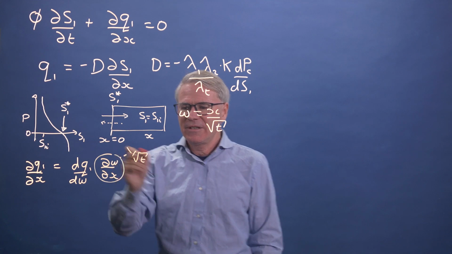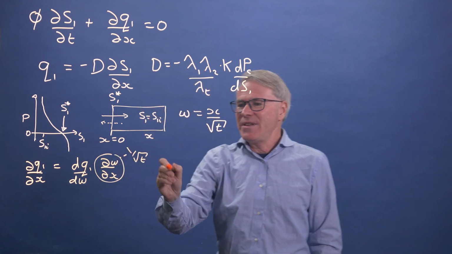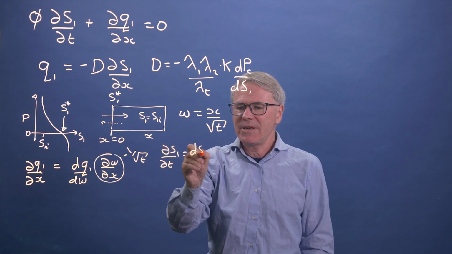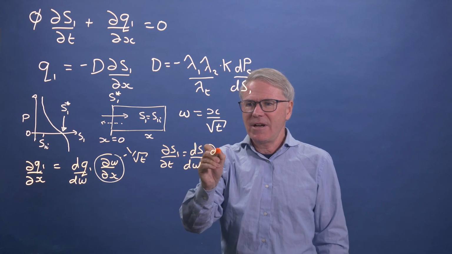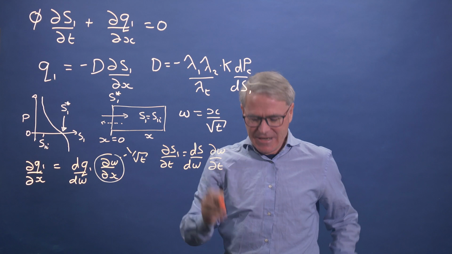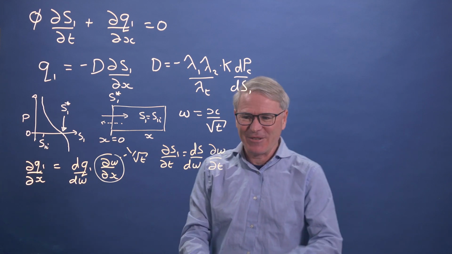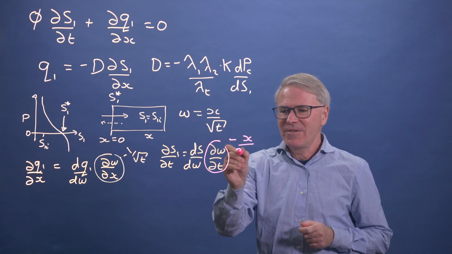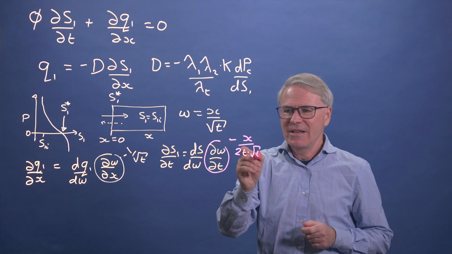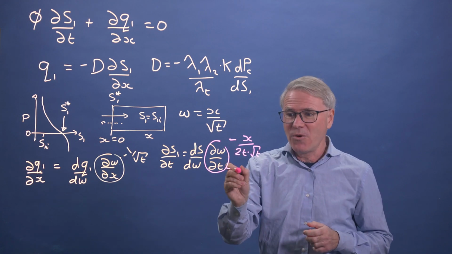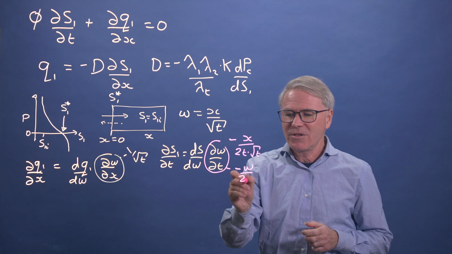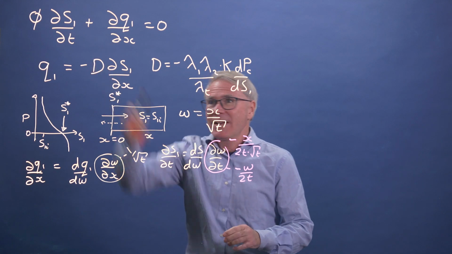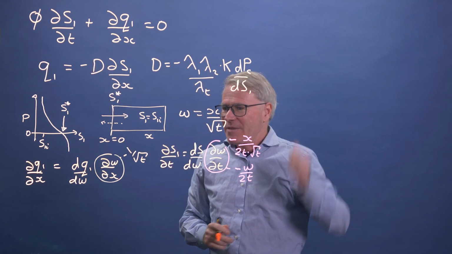And then the ds by dt term is ds by d omega, and then d omega by dt. This one we may need to think about a little bit more, but it shouldn't be too difficult. It's minus x over 2t times root t. So we write this, as we've done before, as minus omega over 2t.